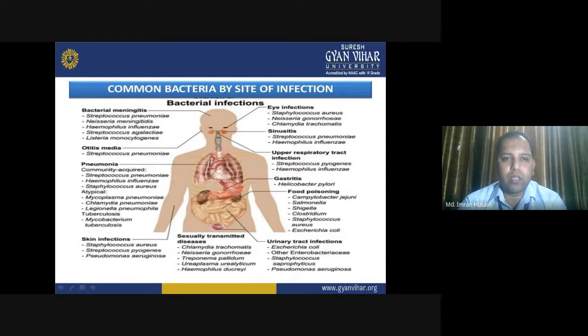Bacterial meningitis is caused by Streptococcus, Neisseria, Haemophilus, and Listeria. So these are some common bacterial infection sites mostly seen in humans. At these different locations, infections are caused by pathogenic bacteria.